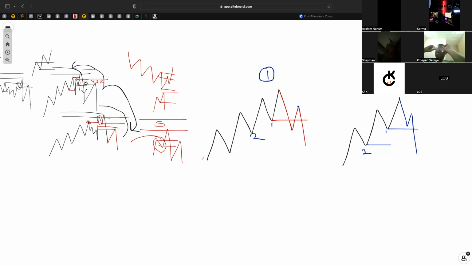And this one now, we have a POI, a drop base. A drop base and a drop. And this one too, a drop base and a drop. I'm sure with this drawing, you guys are already getting what I'm trying to say.